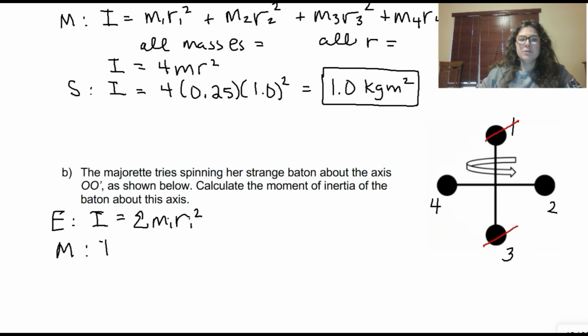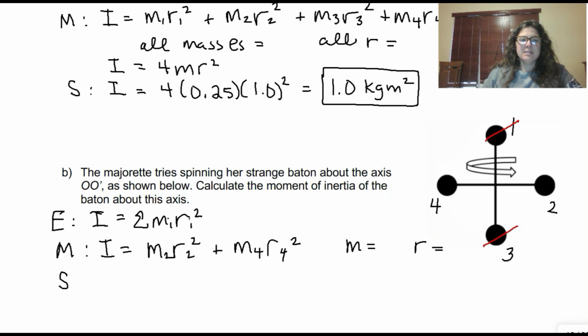So my moment of inertia in this case is just going to be mass 2 radius 2 squared plus mass 4 radius 4 squared. And again, my masses are all equal and my radii are all equal.